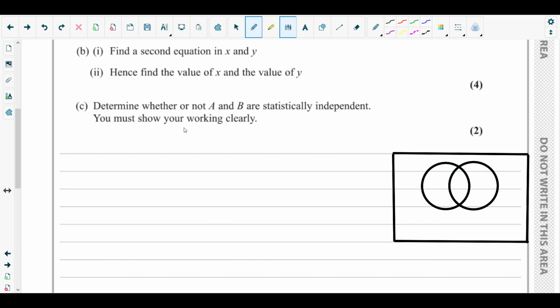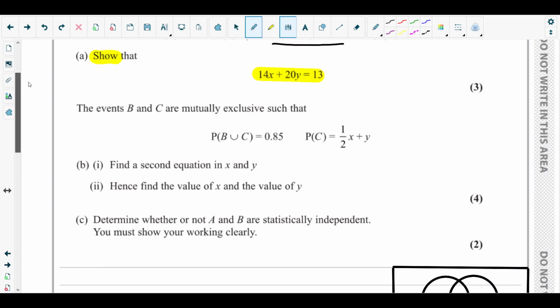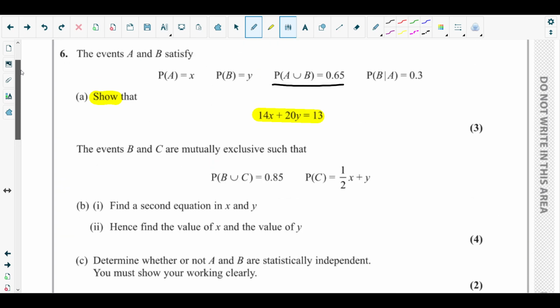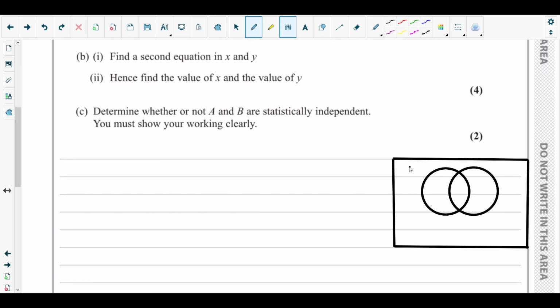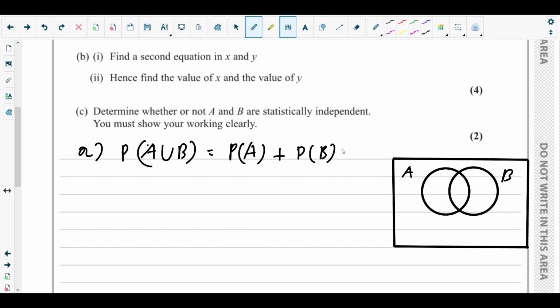So how do I understand that they will have an intersection? Because B given A means that some part of B is within A. So this is A, this is B. Now for part a, what's the formula? What's the formula for A union B? Probability of A union B equals probability of A plus probability of B minus what?